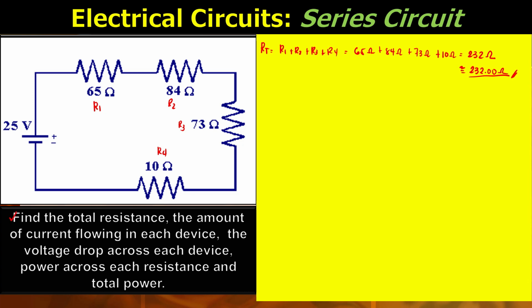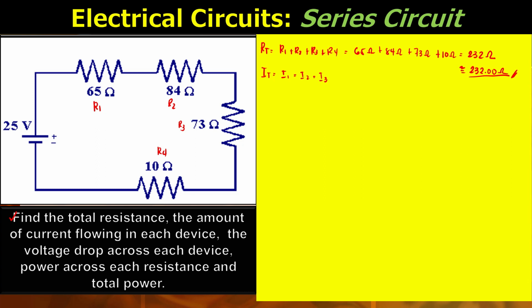Let's have now the current. As we all know, the I total is the same as the summation of I1, I2, and I3. Meaning to say, whatever we have for I total is also the current flowing for each device that we have.